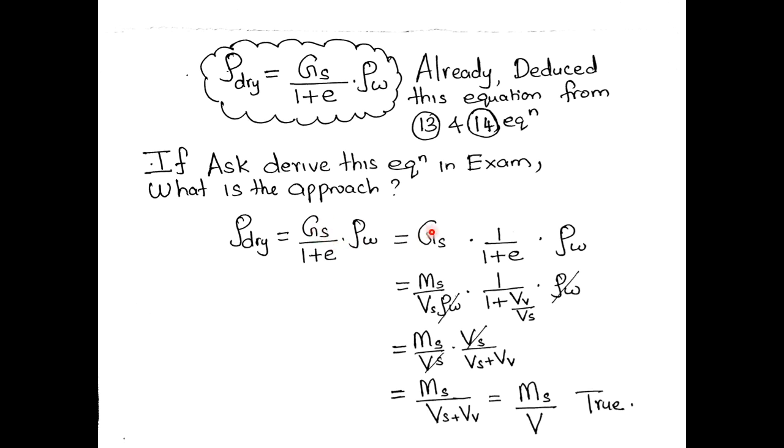This is Gs, this is 1 over 1 plus E, this is rho W. Gs is equal to Ms over Vs into rho W. Check the definition of Gs. Into 1 over 1 plus, instead of E, volume of voids over volume of solid, into rho W. Rho W cancels out.